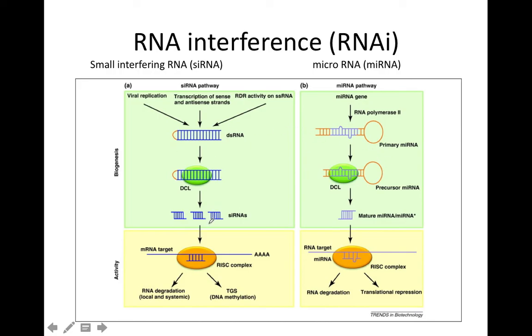Basically, both of them have similar functions in that they degrade other RNA, thus interfering with the RNA. Although there are specific mechanisms as to how they are produced, which we will not be expounding on.